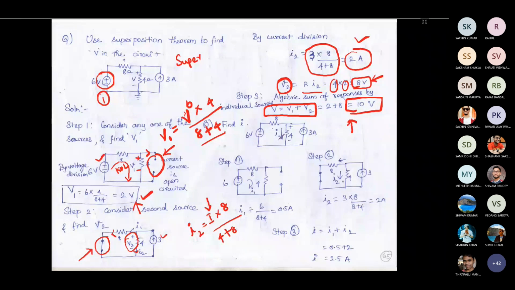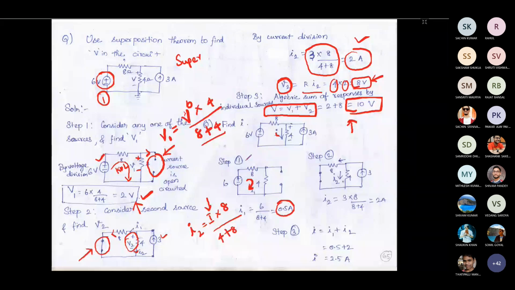Similarly, you can find the current also through this. Here we want to find the current. Let's say that the current contribution by the 6 volt source is I1, and the current contribution by the 3 ampere source is I2. Then you find the current contribution by the individual sources. Here you can apply KVL. If you apply KVL, 6 divided by 12, you will be getting 0.5 ampere.